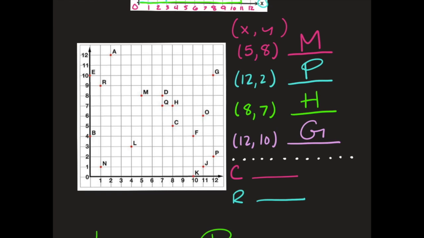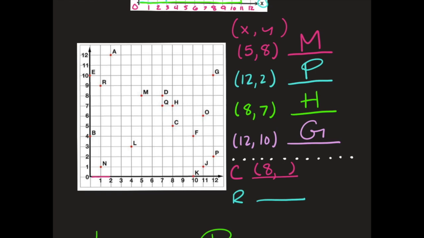So always remember, I have my parentheses, and they're separated by a comma. X is always first, so I need to know how far over C is. So I'm going to find C right here. Okay, now how far over is it? So I'm going to start going this way from the 0, and it is at 8. So I'm going to write my 8 first, and I'm going to see how far up I need to go for my y-axis.